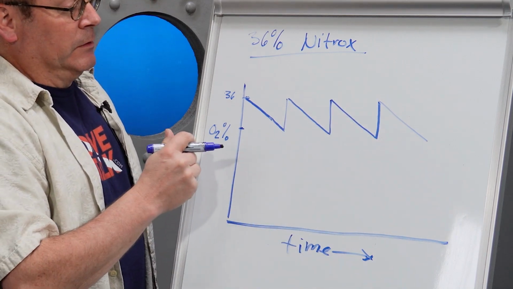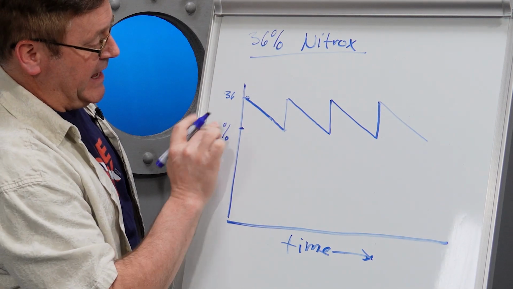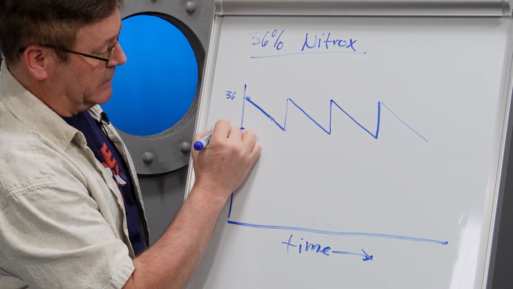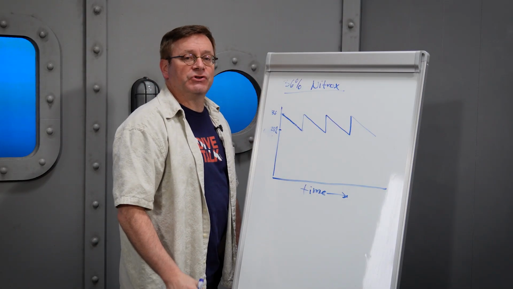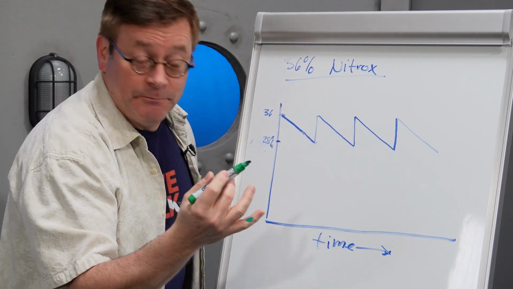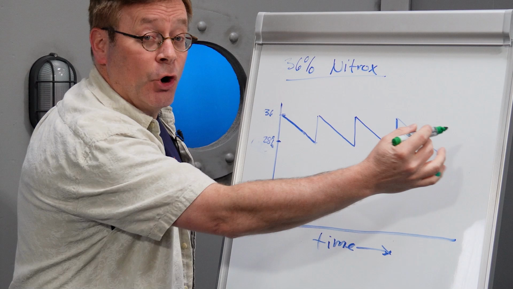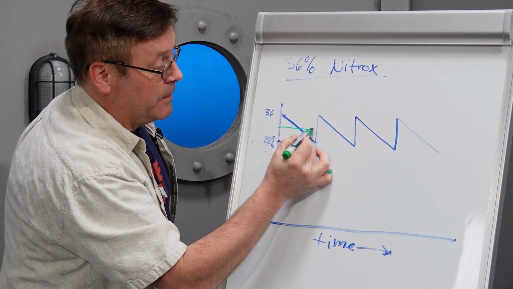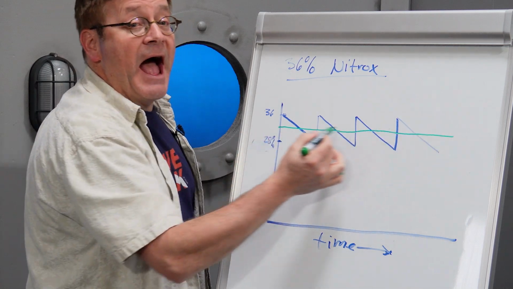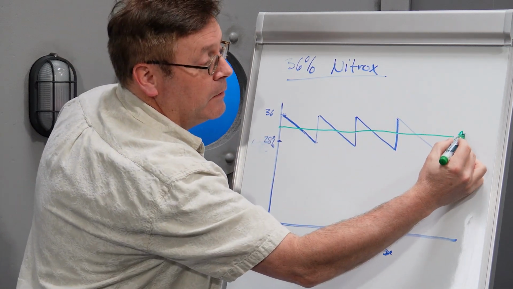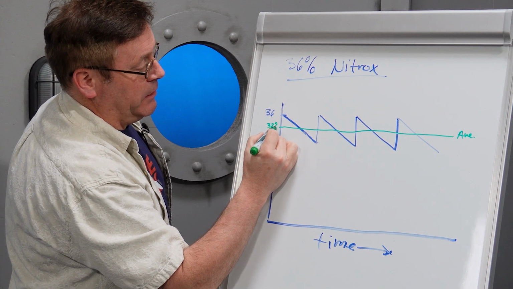And let's just say that when it gets down to 28%, that's when we fill it back up with fresh gas. What you're gonna see is that on the average over time, your body is gonna be sitting at an average O2 of around, say, 32%.